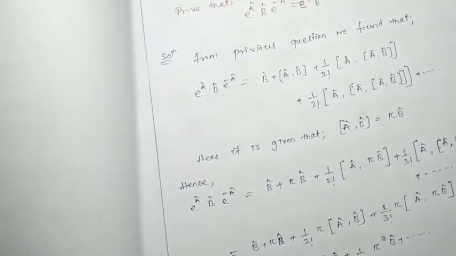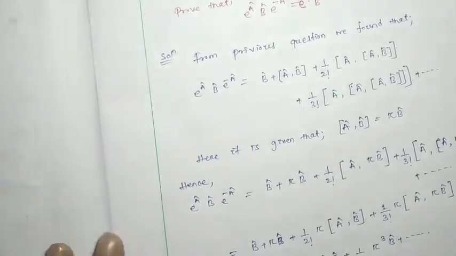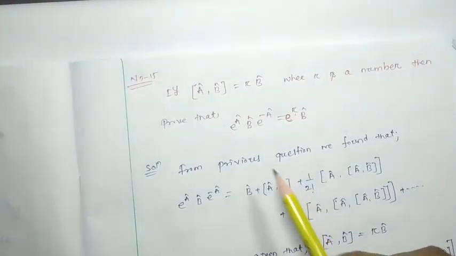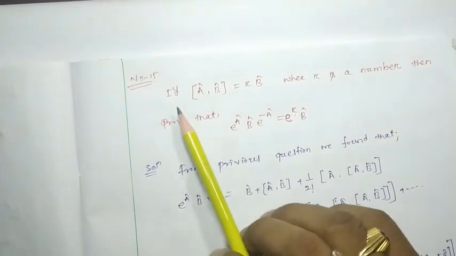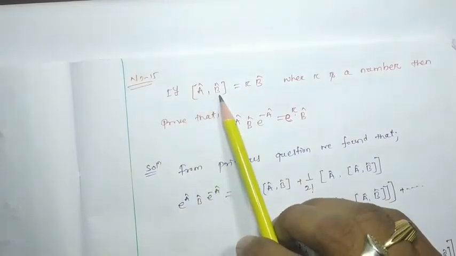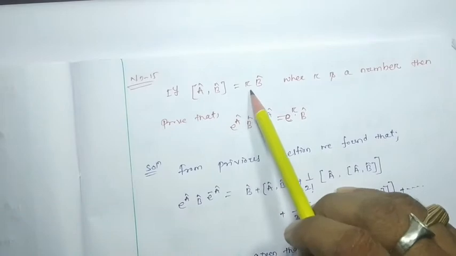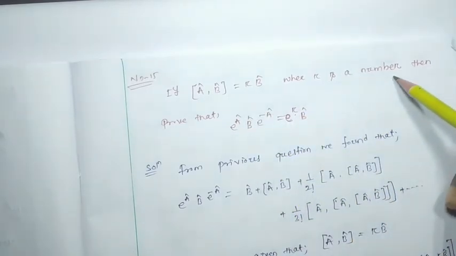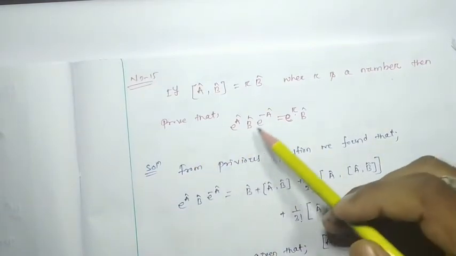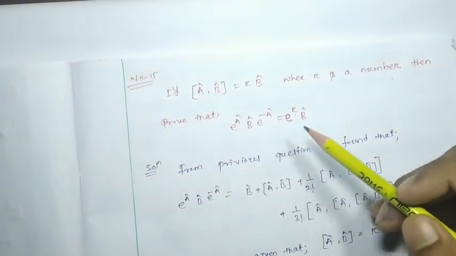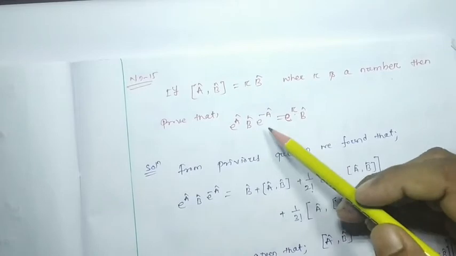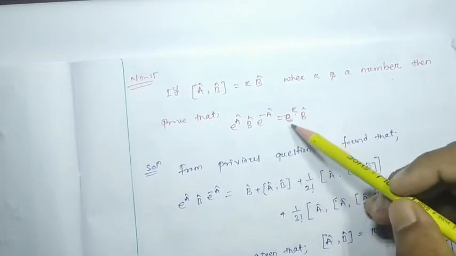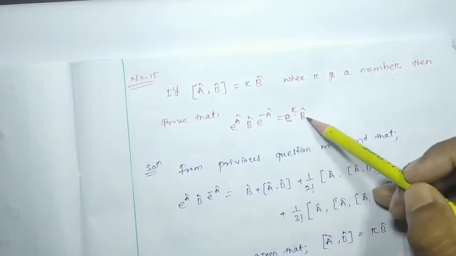The next question is very simple. If the commutation of A cap and B cap is equal to r B cap, where r is a number or so-called constant, then prove that e to the power A cap B cap e to the power minus A cap will be equal to e to the power r B cap.